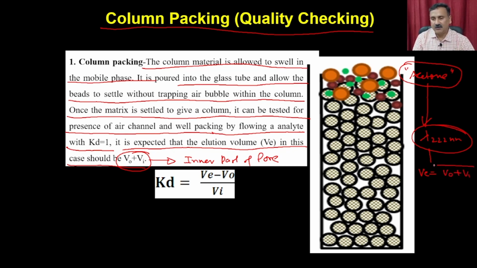If the elution volume is different from this value, then you will say that there are air bubbles or air channels which are being utilized by the acetone to travel faster, and that's how it tells you whether the column packing is good or not.